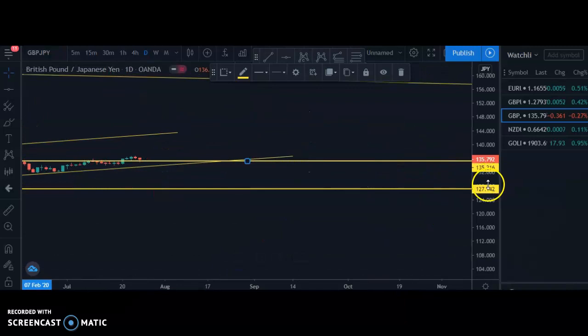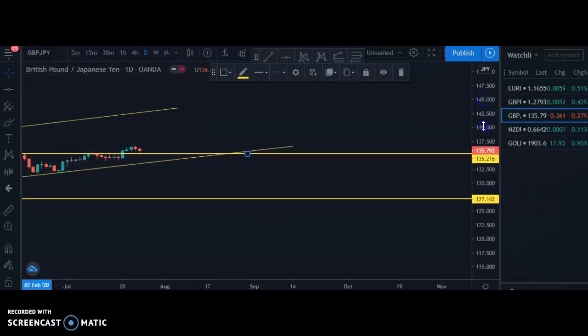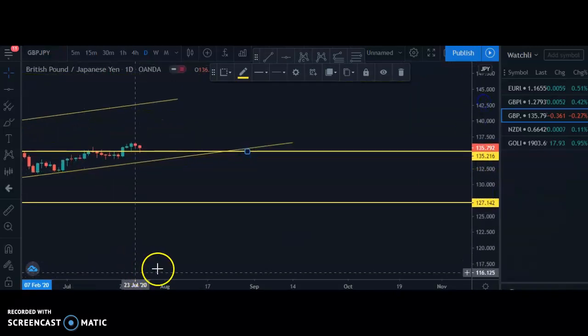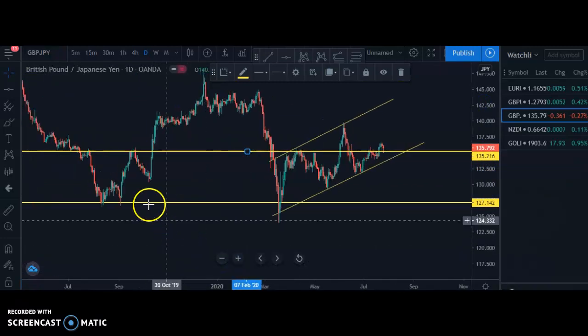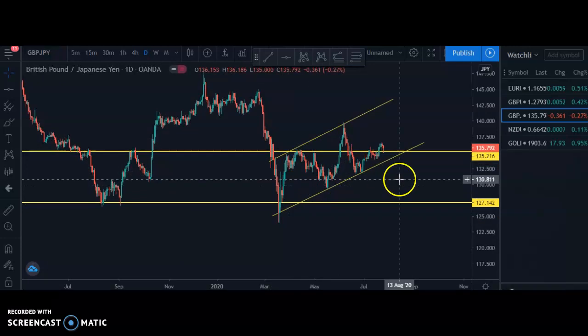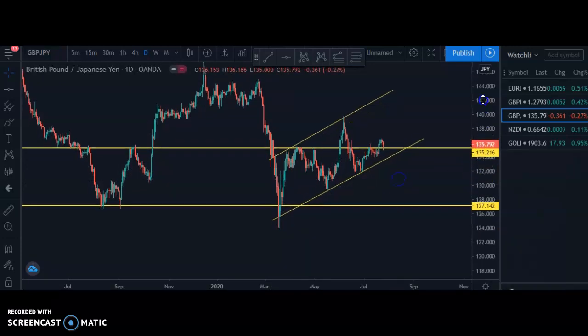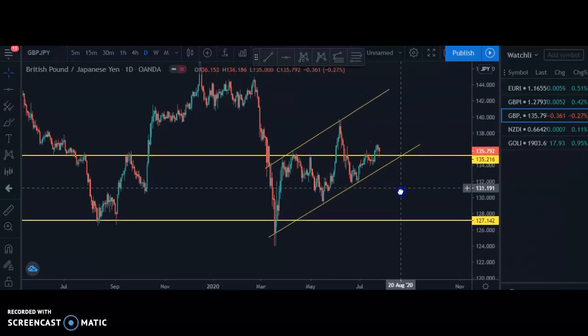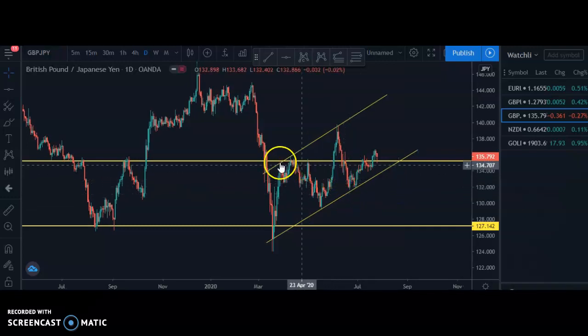So if we are to zoom in, we see that the market broke out from this resistance area at this point where you see my cursor.